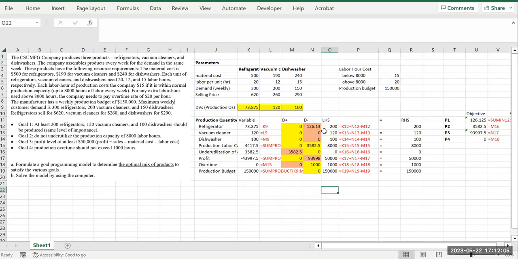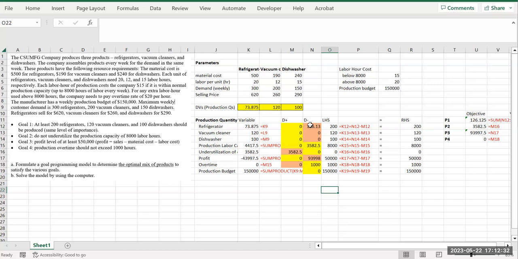Okay, this is priority one, so this is the objective. Let's take a look here. Decision variables, 120, that was the goal, 100. So vacuum cleaner and dishwasher are satisfied. For refrigerator, we're a little under, we're a little short, right?